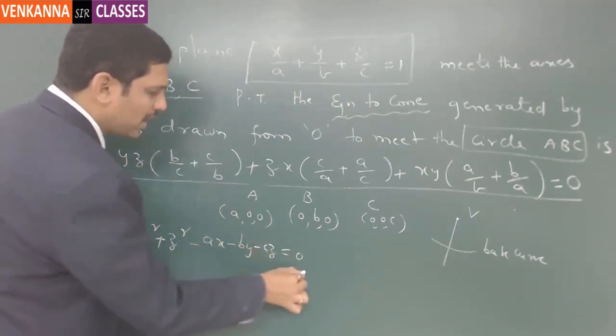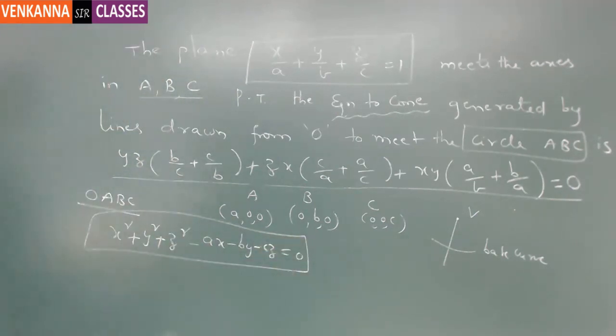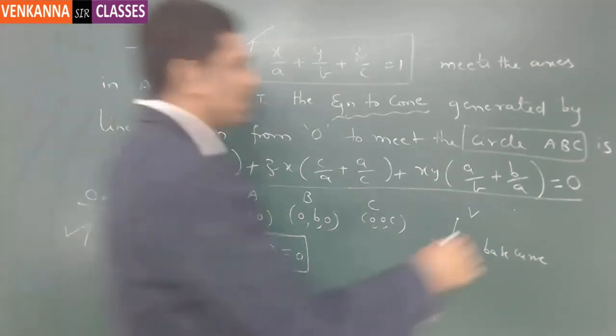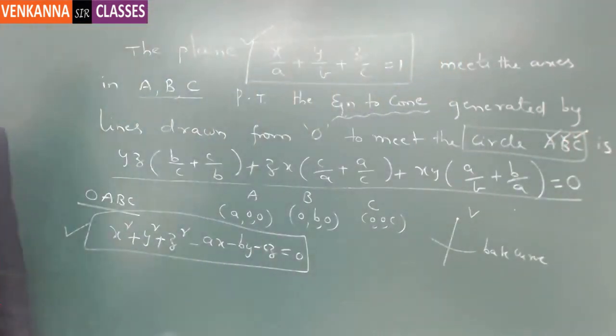This thing we have already done in the spheres part. Now this is the sphere and this is the plane. These two will intersect and give a circle, and the 3 points on the circle are nothing but the points A, B, C. Clear? Is it fine to all? Yes or no?